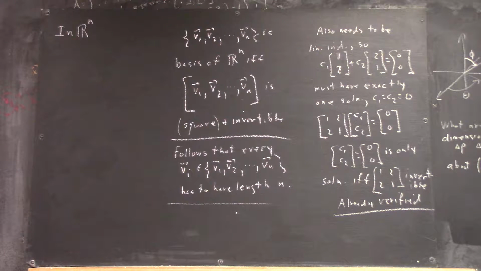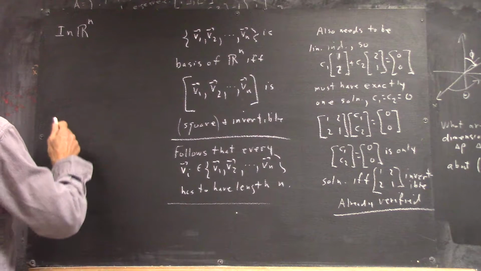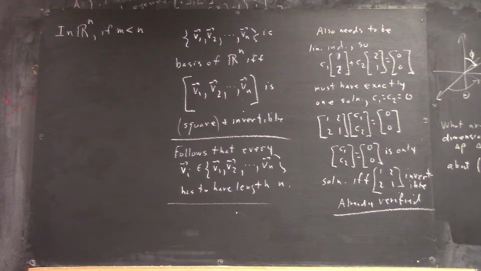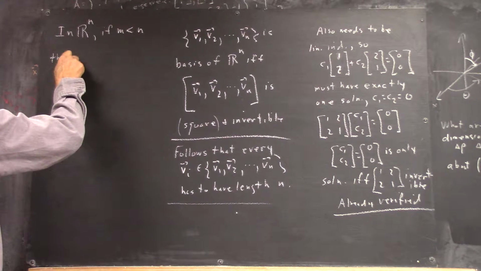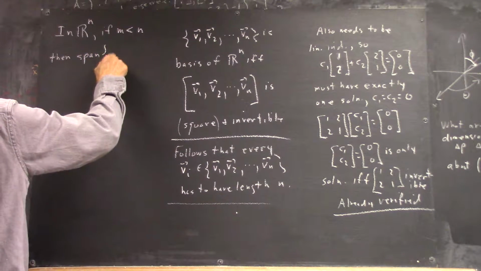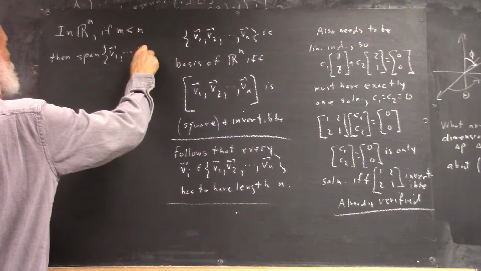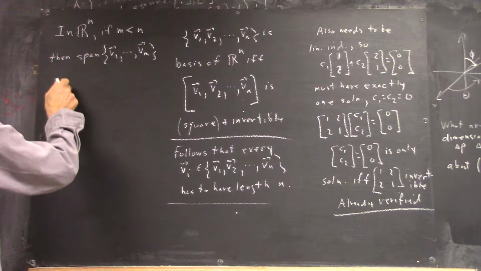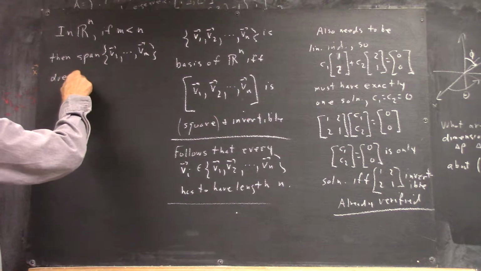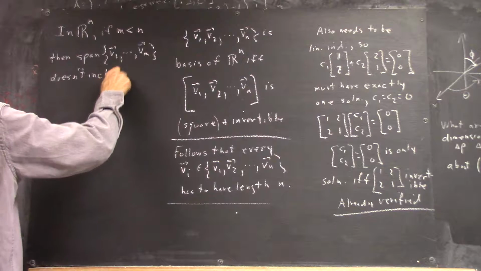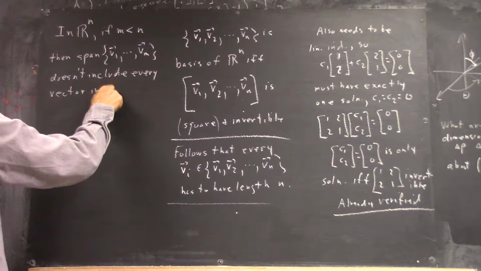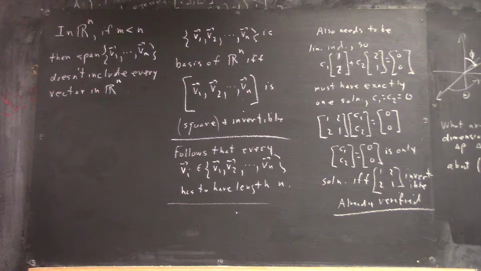In Rn, if m is less than n, then the span of the set V1 through V sub m doesn't include every vector in Rn.